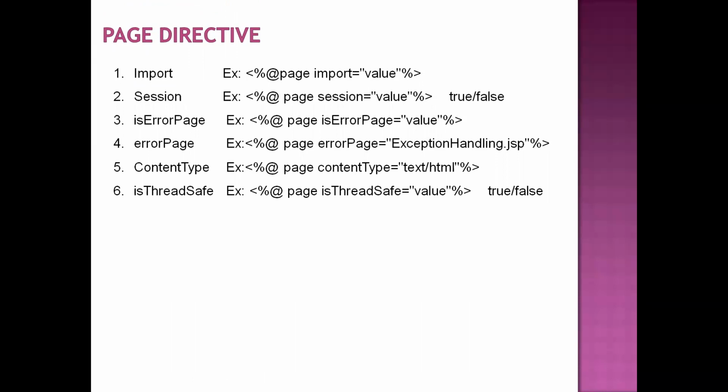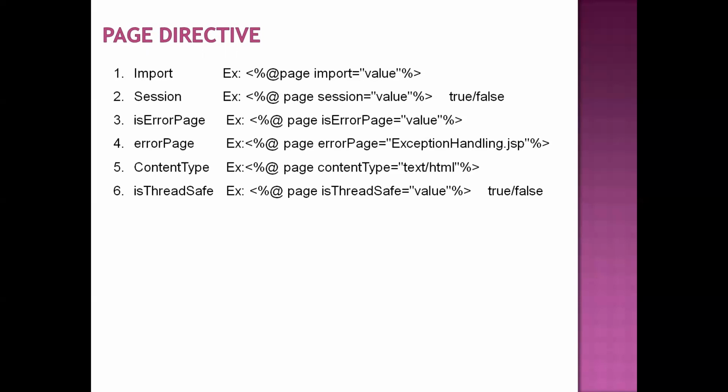Let's see one simple example. Suppose you have created one JSP page and mentioned in that JSP page isThreadSafe as true. It means that that particular JSP page supports multi-threading. So it can handle more than one thread; more than one thread can execute the JSP page simultaneously.